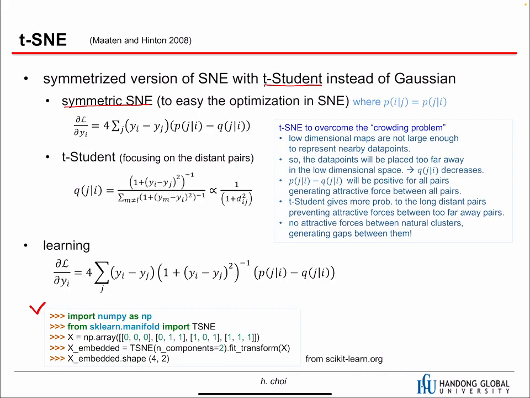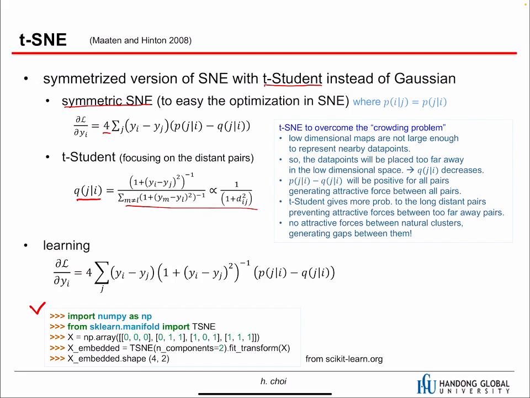But if we assume that these are the same, so if it is symmetric, then we can ignore the second part and just multiply here. So this is the symmetric version of SNE. And we use a Student's t instead of Gaussian. So this is a Student's t. Then there's a question: why do we use a Student's t rather than the Gaussian?